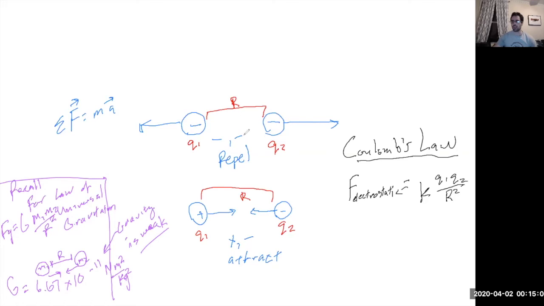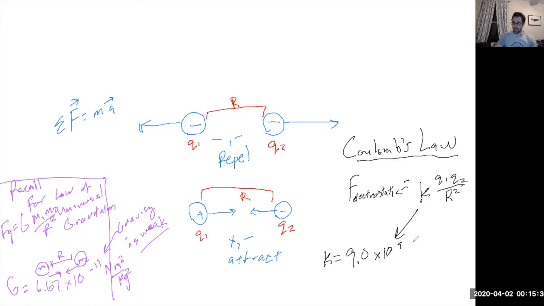Whereas with electrostatics, everything in your body is held together by these types of forces. And as a result, this K value, which tells us the strength of an interaction, is really kind of big. We're going to say 9.0 times 10 to the 9th.